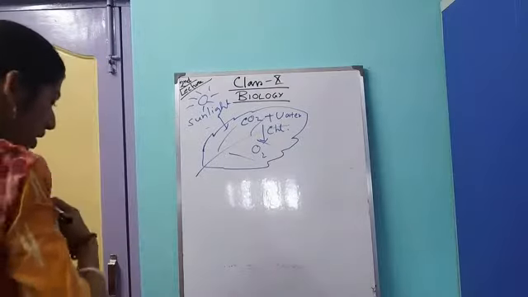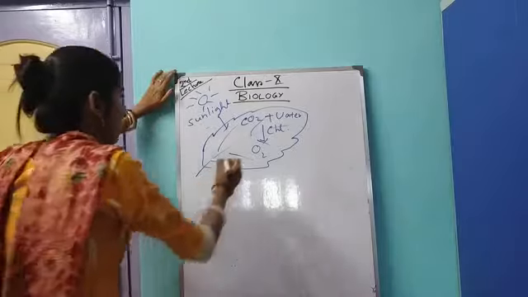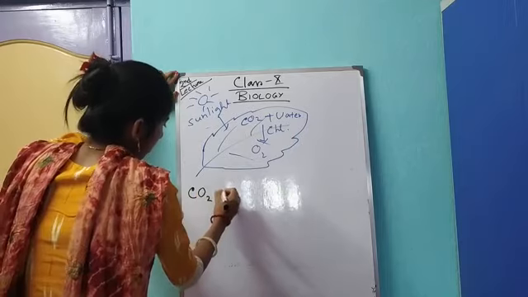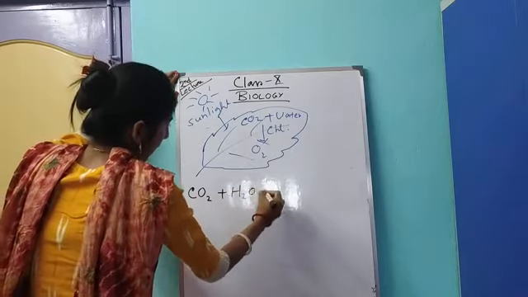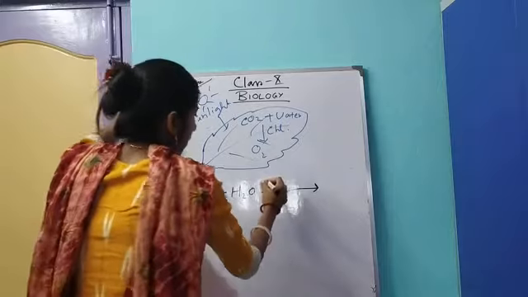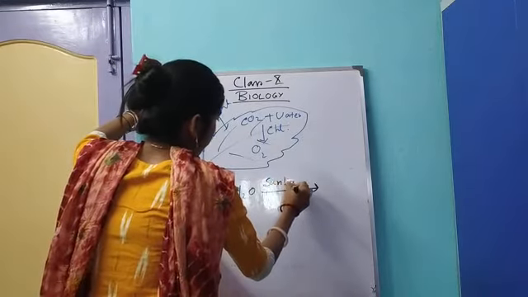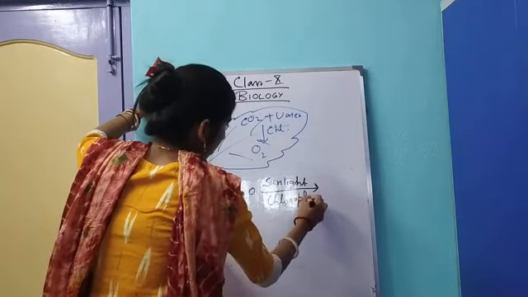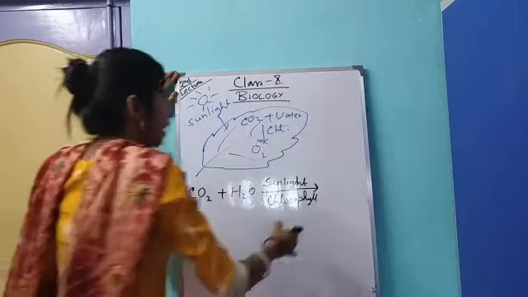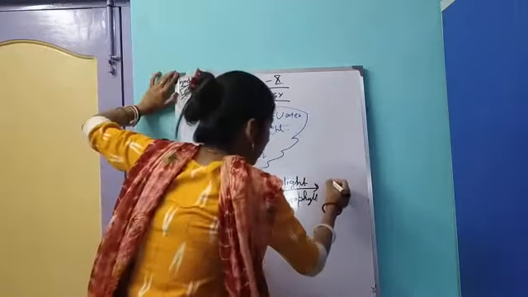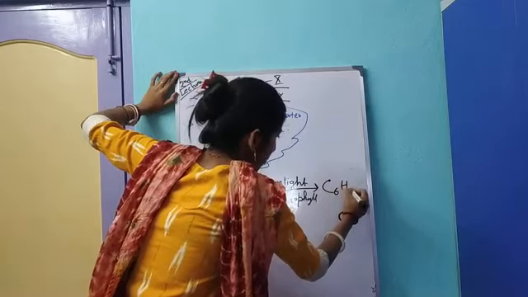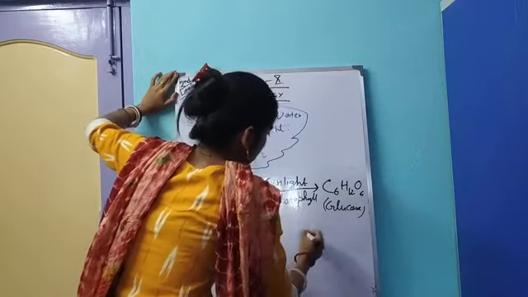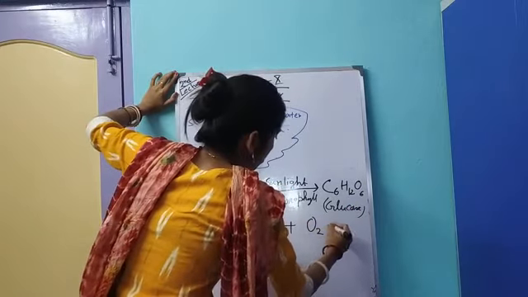First we will write the left hand side of the equation. What are the raw materials? That is carbon dioxide, after that water, and sunlight, and chlorophyll is required. And what will we get as byproduct? That is glucose, C6H12O6, that is the formula of glucose, plus O2 plus H2O.